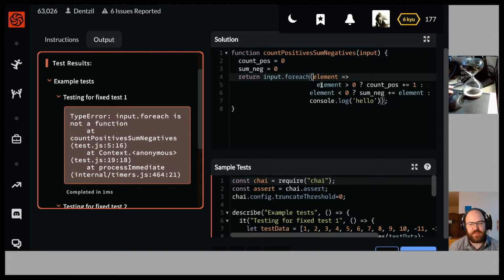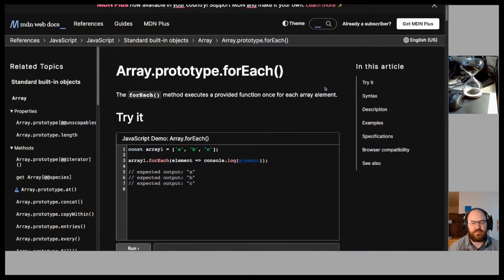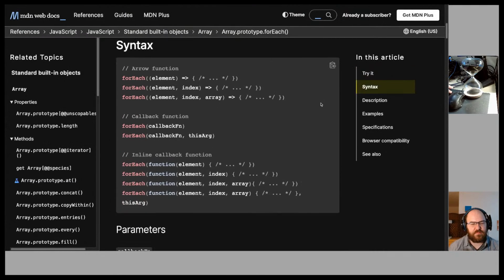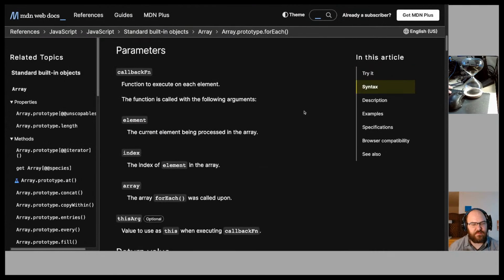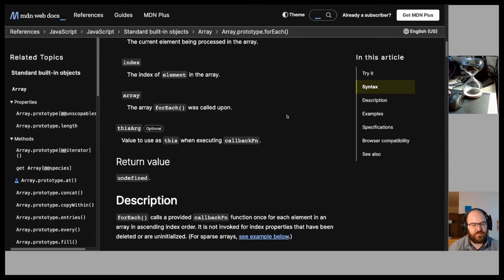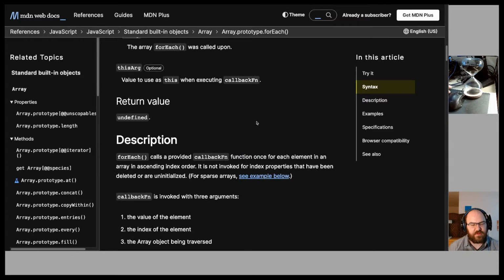JavaScript ES5. forEach calls a provided callback function once for each element in an array in ascending order.